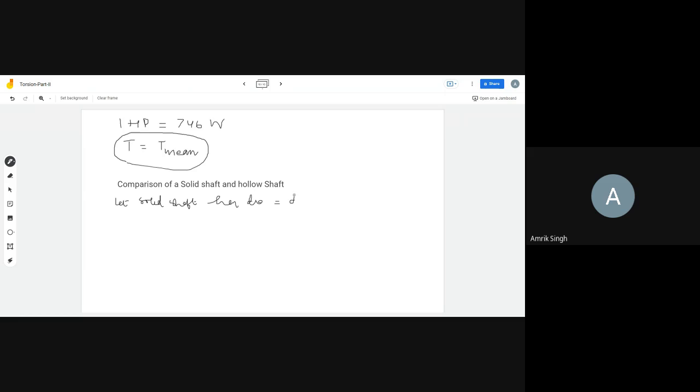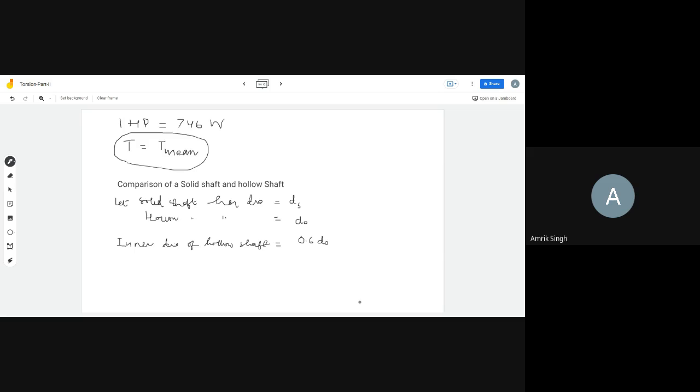For the hollow shaft, the outer diameter is given as D0, and it is assumed that for this problem the inner diameter of the hollow shaft is equal to 0.6 times the outer diameter. So this is the data given.